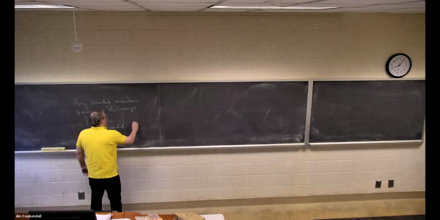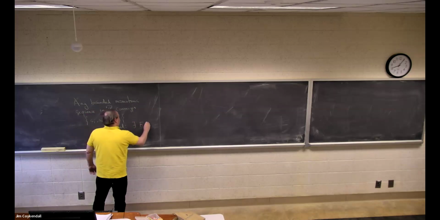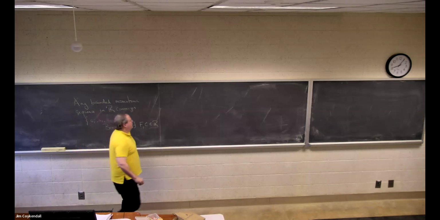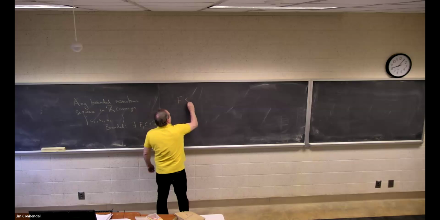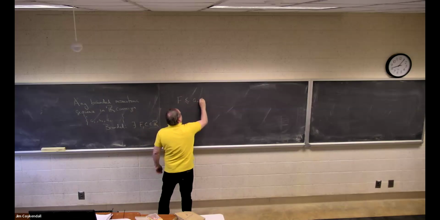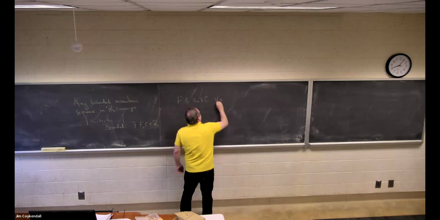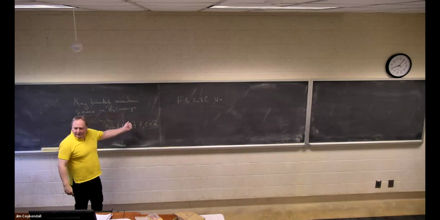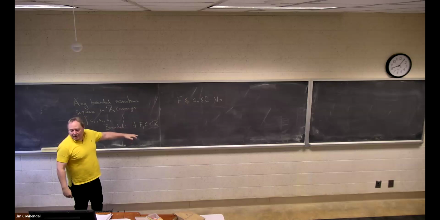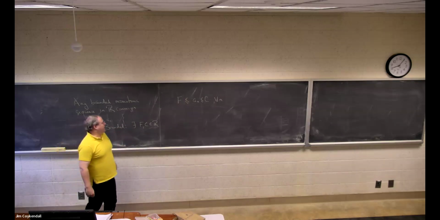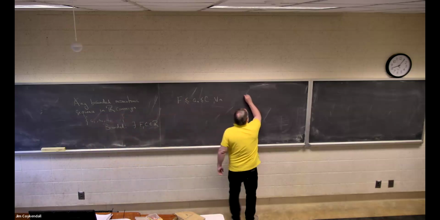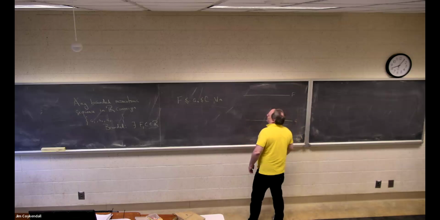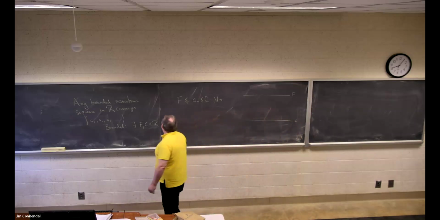It means that there exist two numbers, floor and ceiling, such that every one of these numbers is bigger than or equal to F, and every one of them is smaller than or equal to C. Floor, ceiling, all the numbers in this sequence are contained here.